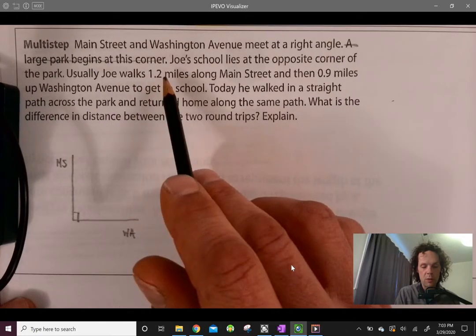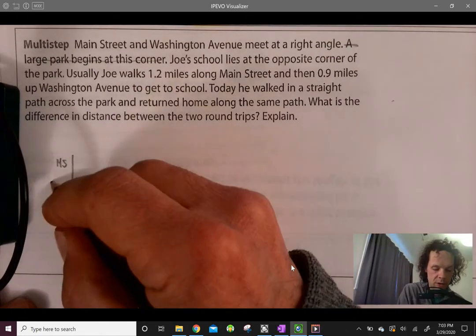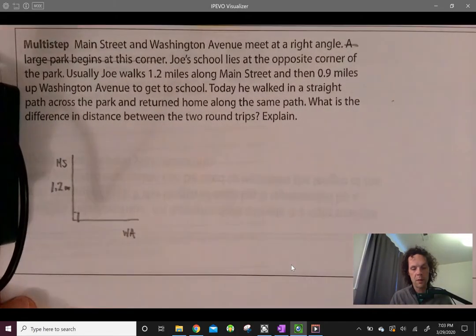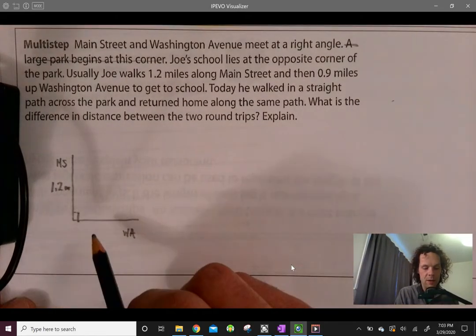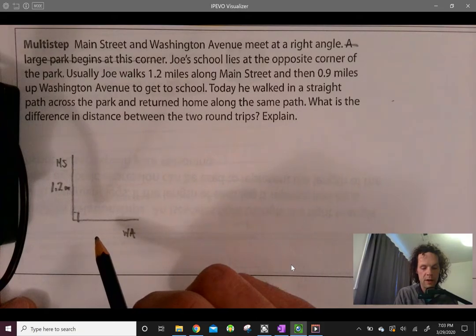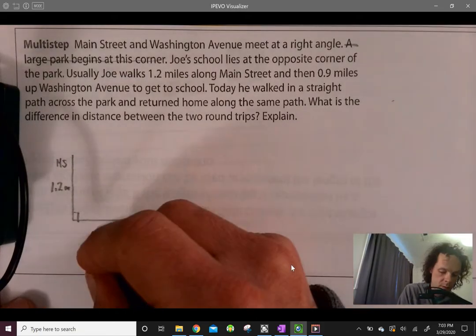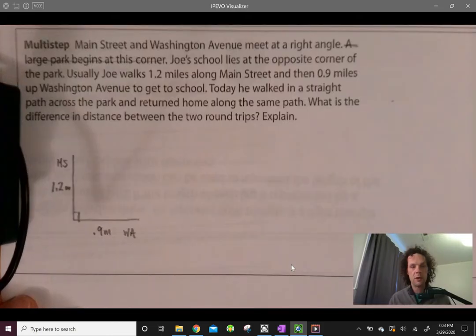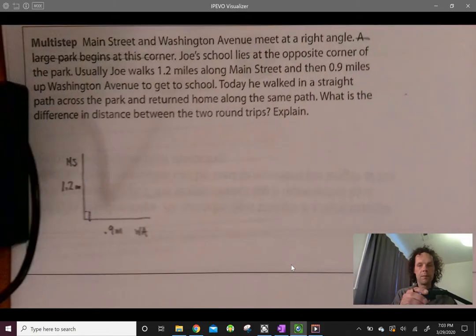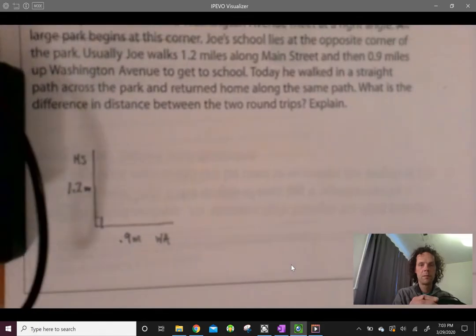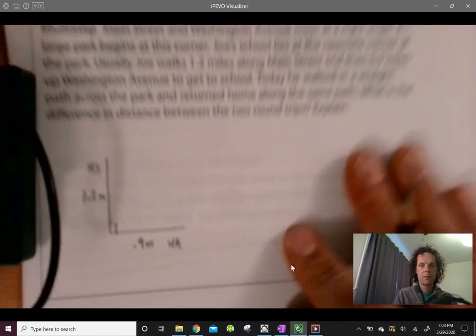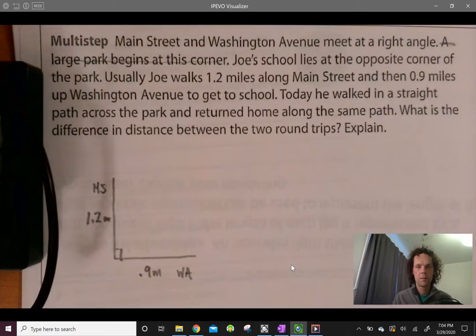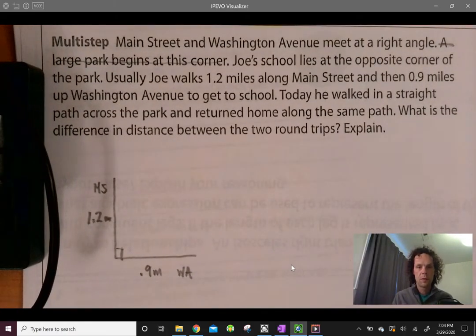Joe walks 1.2 miles along Main Street. So this is 1.2 miles. And then 0.9 miles up Washington Avenue. 0.9 miles on Washington Avenue. All right.